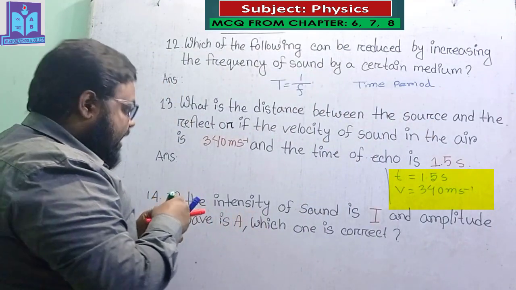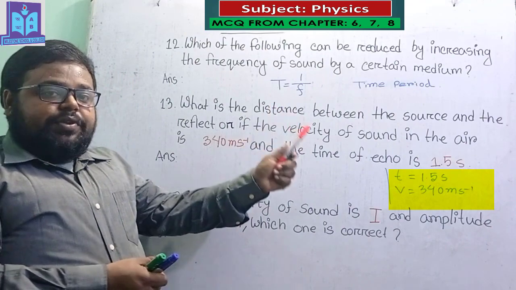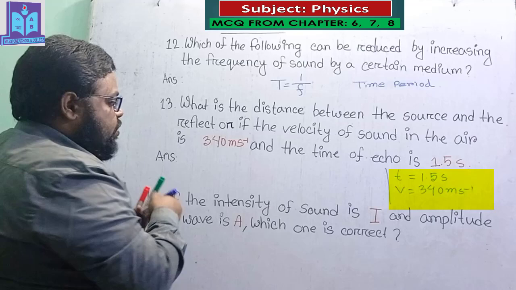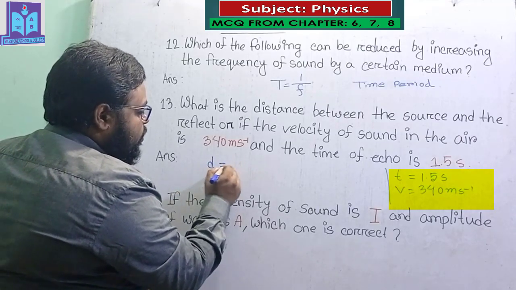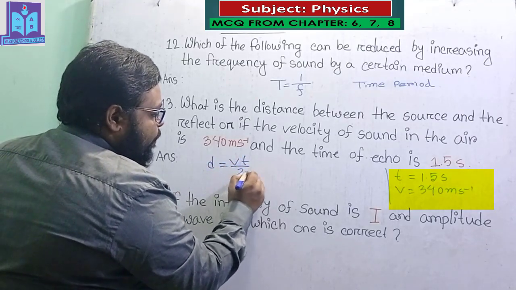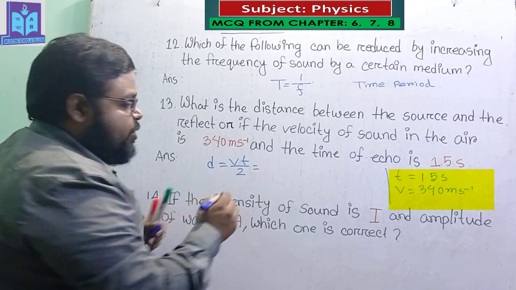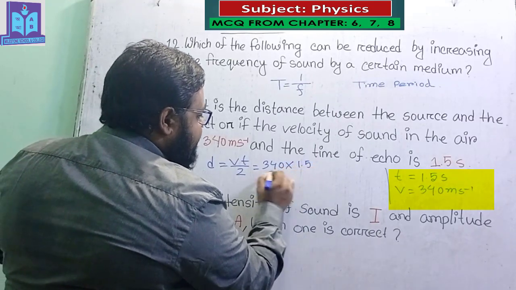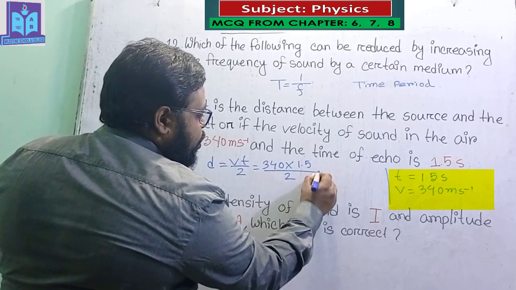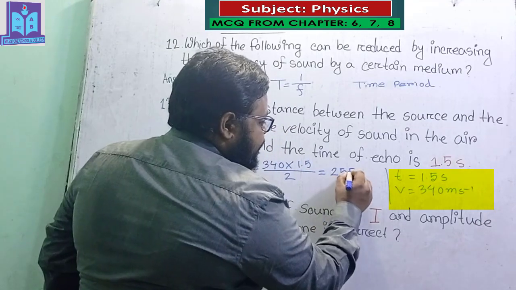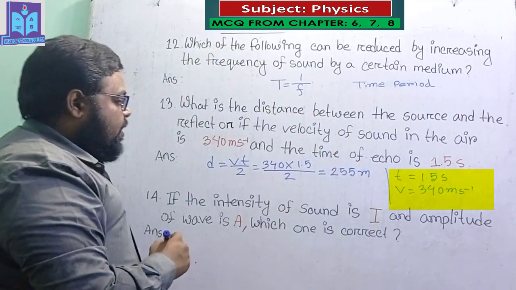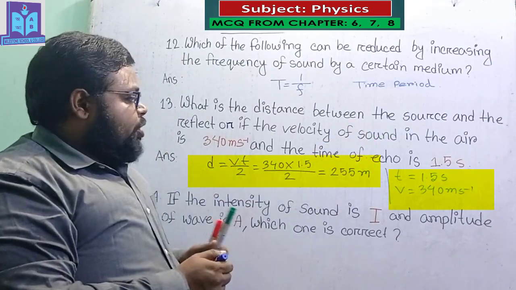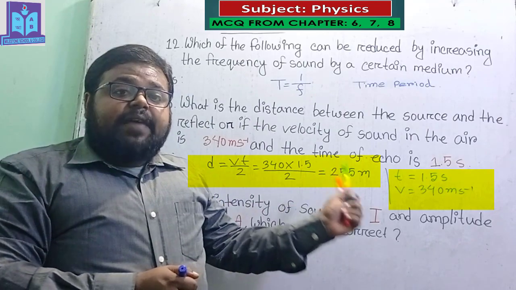If we want to find the distance between source and the reflector, then for echo we have to use d equals vt by 2, where v equals 340, t equals 1.5, and 2. So we will get 255 meter. So the distance between the source and the reflector, d, will be 255 meter.